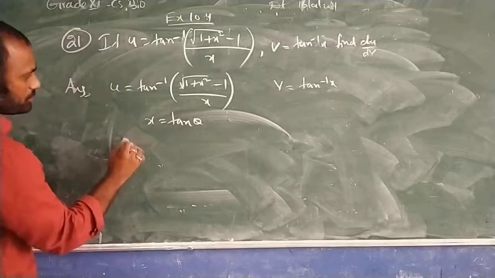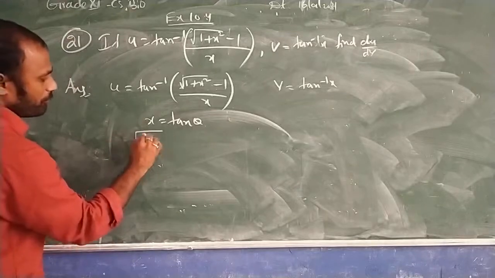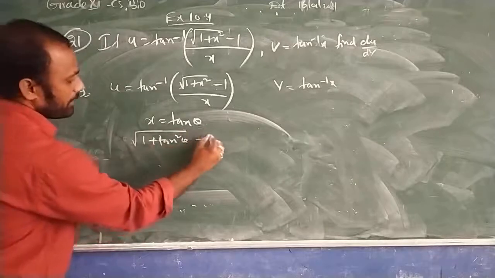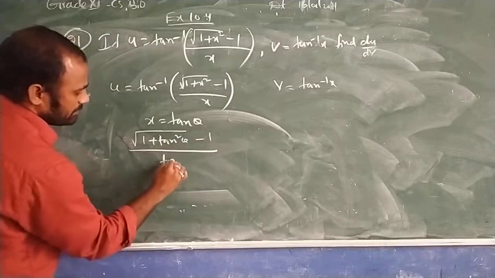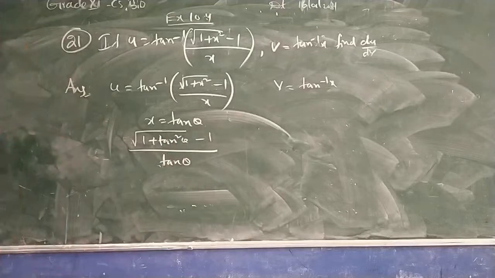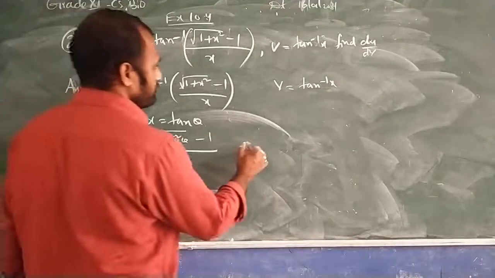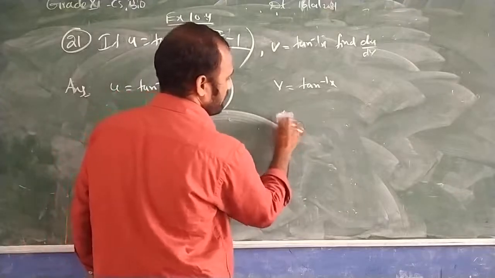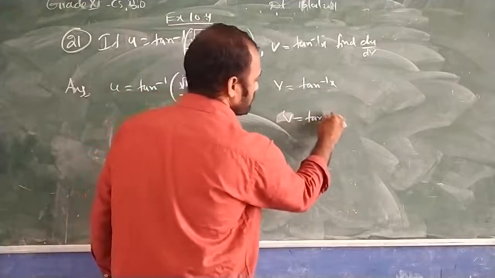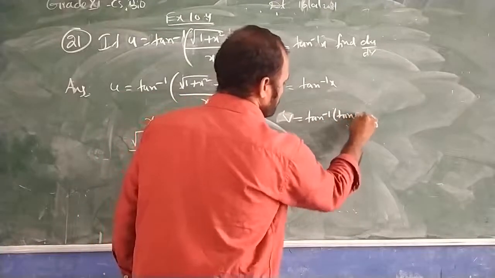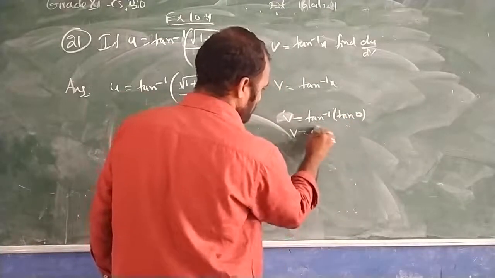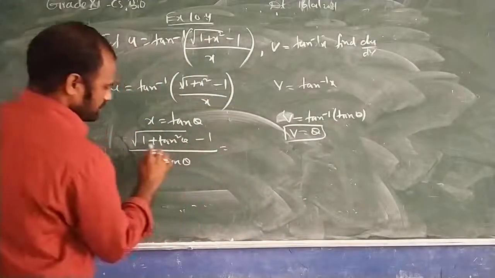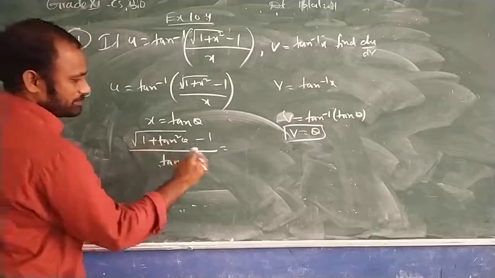So if I substitute, it will become root of 1 plus tan square theta minus 1 divided by tan theta. So here for v, v is equal to tan inverse of tan theta. So v is equal to theta. If we do the calculation, 1 plus tan square theta is secant square theta.